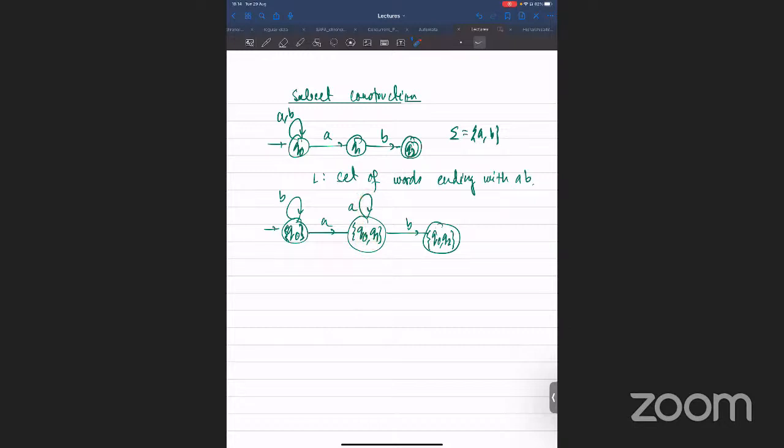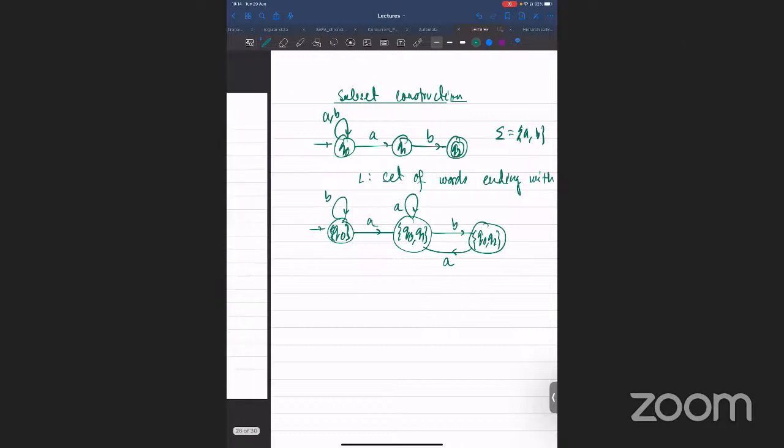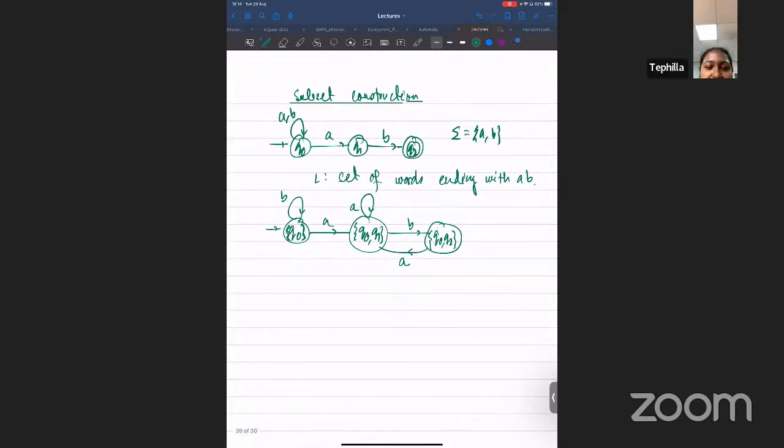Clear? So where should we go by reading A? Q0, Q2 on A goes to Q0, Q1, because Q0 on A goes there. I think it would help if we say that we're taking the union of all the states that it goes to. Exactly. If there is no transition on one particular state, you would still end up in some other state.